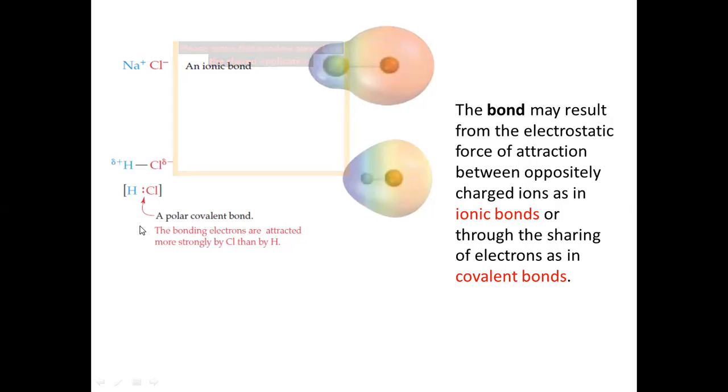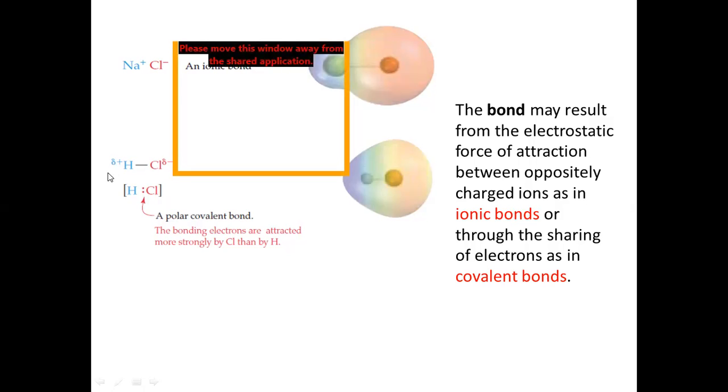That means the attraction, or the pulling, of the electron towards one of the atoms, and that is called the electronegative atom. That's why the chlorine has the negative charge, and there is a deficiency over the hydrogen atom, and that's why it has the positive charge. So this is the polar covalent bond.